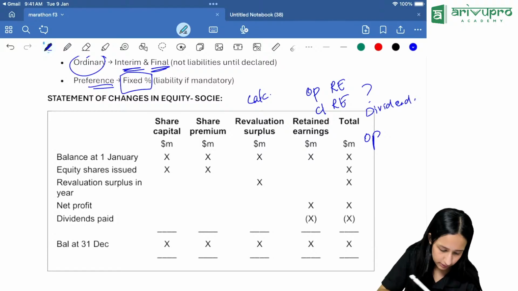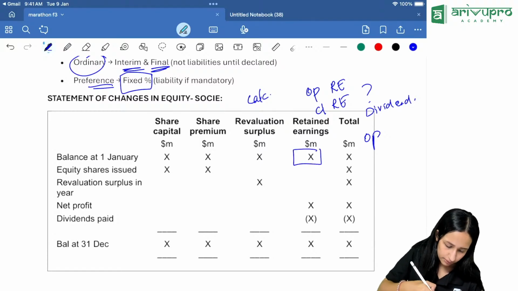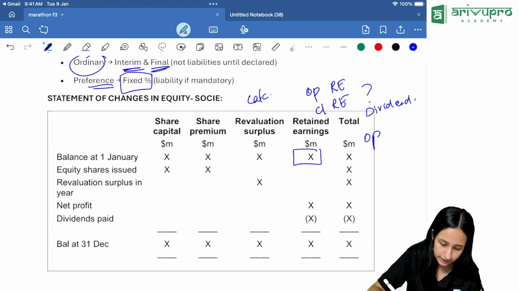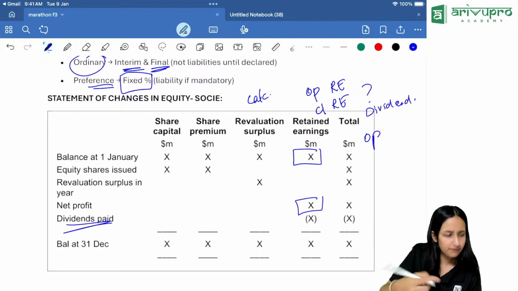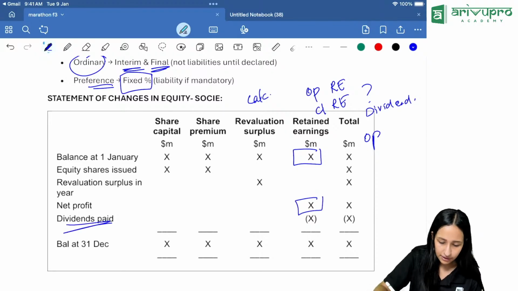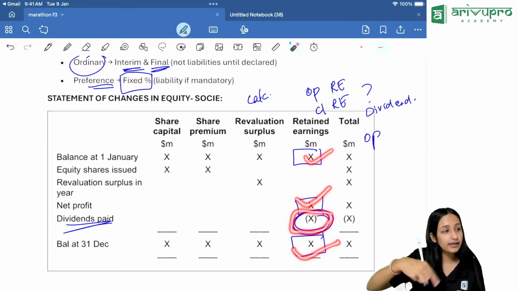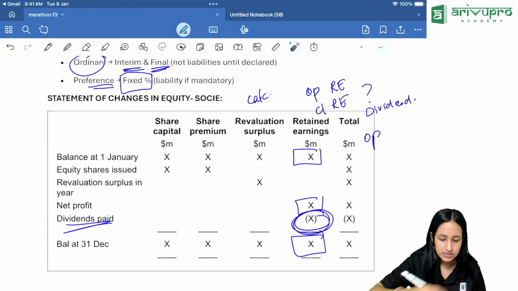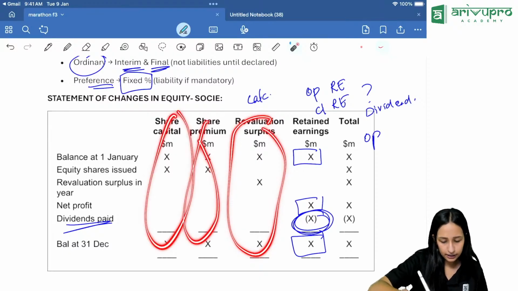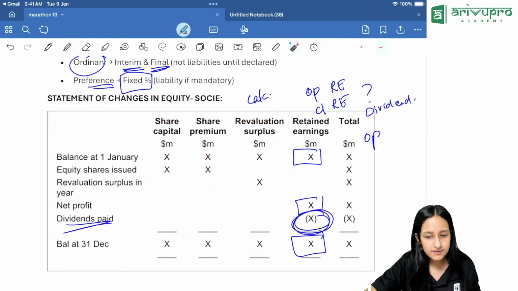Opening retained earnings, you can see here. Then we have net profit. Net profit also should be added if they give it in the question, otherwise never mind. Then we have dividends paid. This we need to figure out. So basically we have this one, this one, and this one. This should be tested. For that you need to know this format. Similarly, with any of these three they can do it. That's why it's important for you to know.